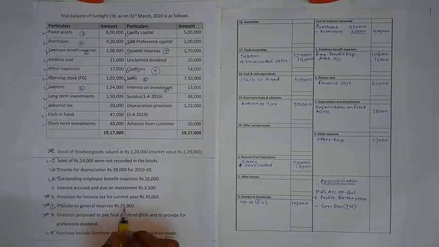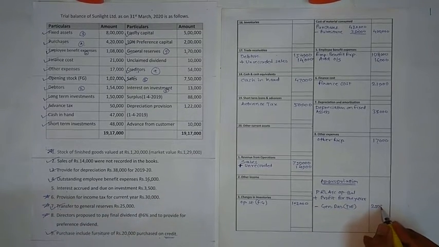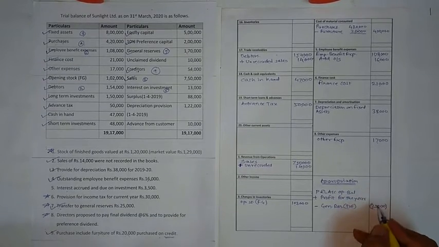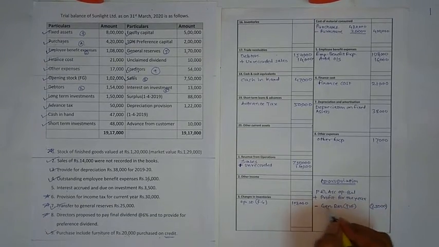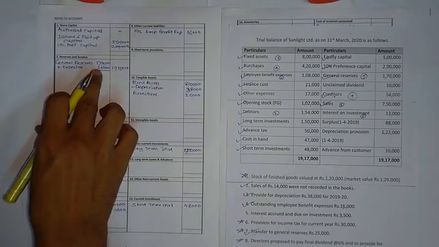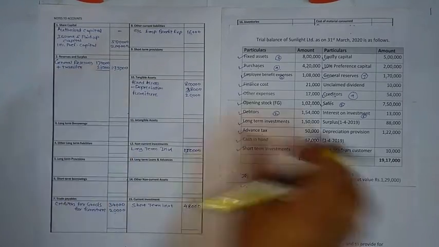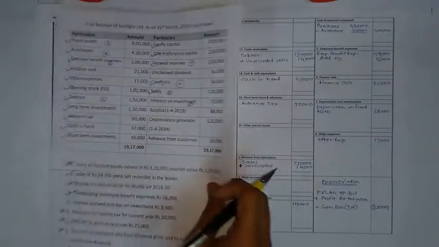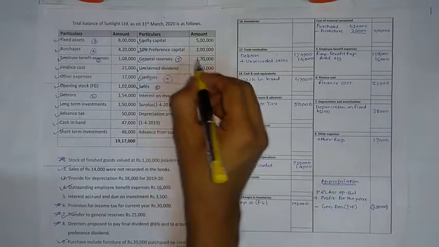This amount was 25,000. So this amount will be deducted from these two amounts. So effect of transfer to general reserves is deduct from appropriation, that is profit and loss account closing balance, and add to general reserves.